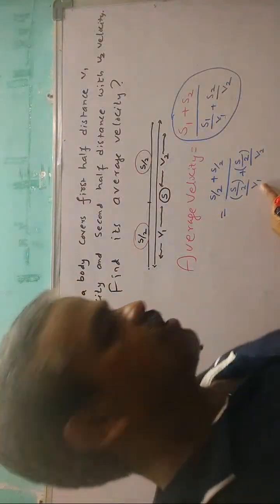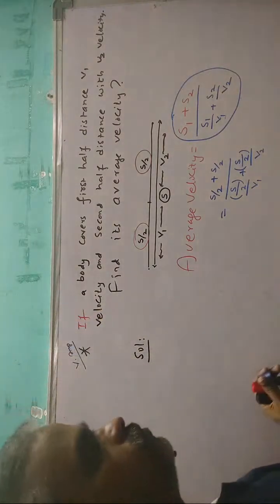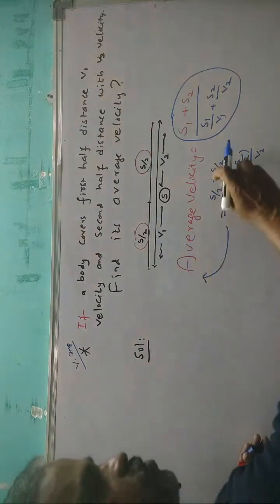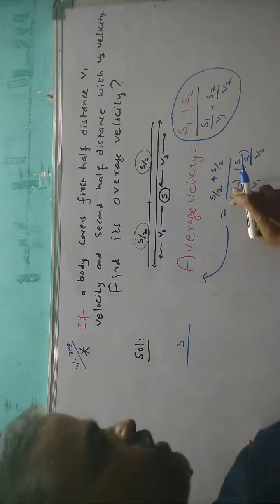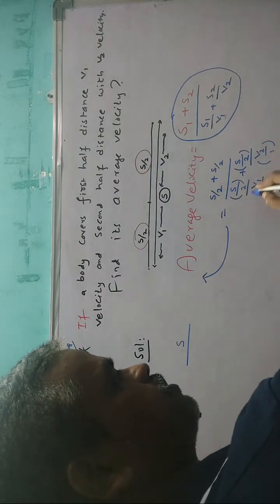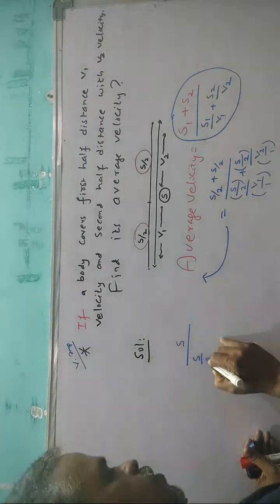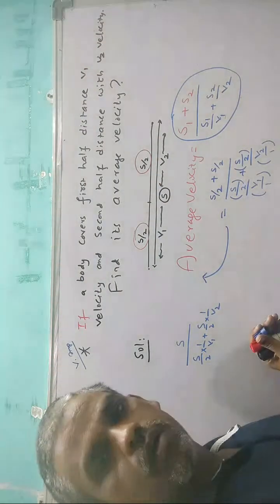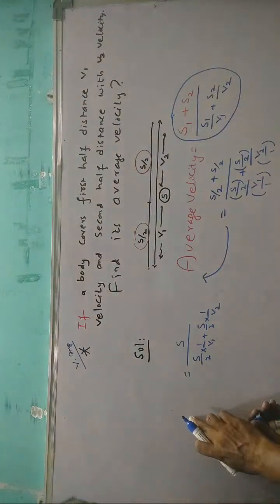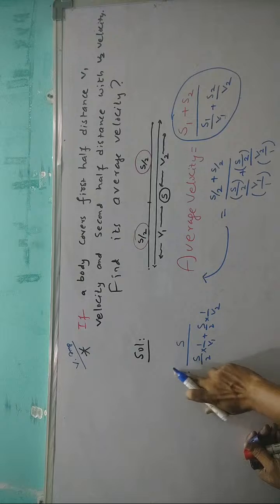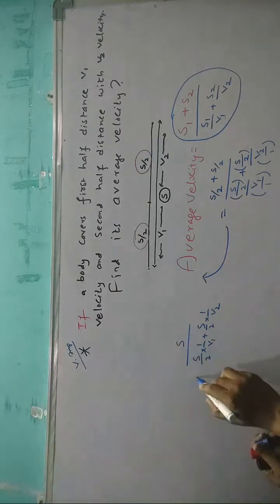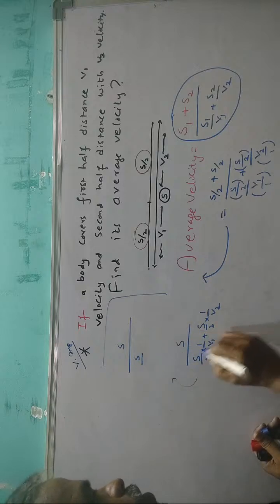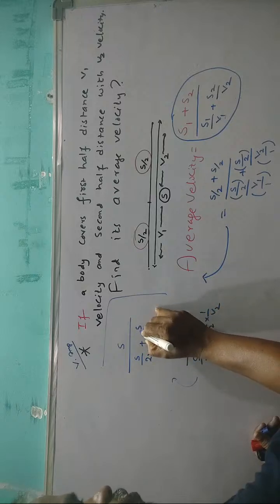In the numerator, S by 2 plus S by 2 is nothing but S. In the denominator, S by 2 into 1 by V1, and S by 2 into 1 by V2. This is also one fraction. So it becomes S by 2V1 plus S by 2V2.